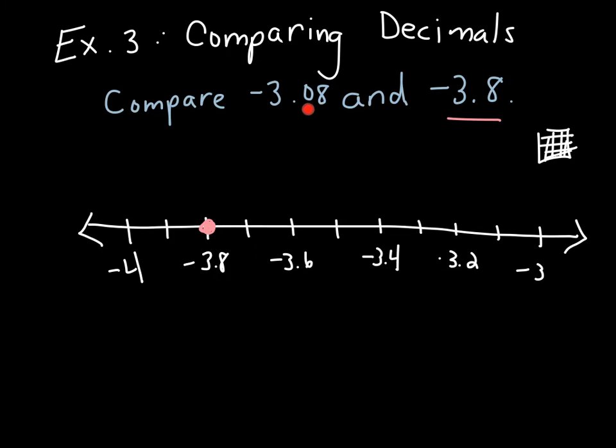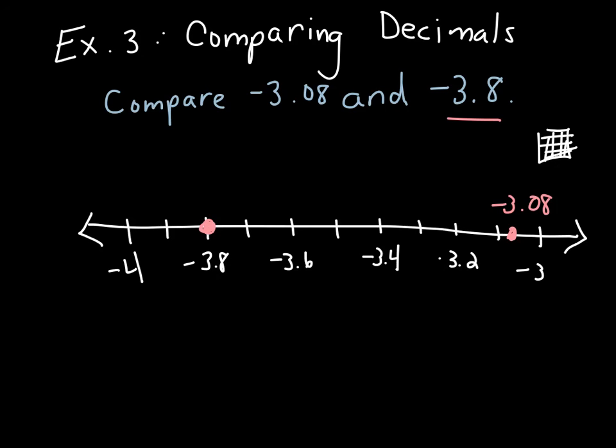So I'm thinking of less than 1/10, somewhere between negative 3 and negative 3.1, and it's going to be 8/100ths. That would be pretty close to negative 3 and 1/10, but not quite there, so I'm going to put negative 3 and 8/100ths right there, and label that one since it's not directly on one of the marks.